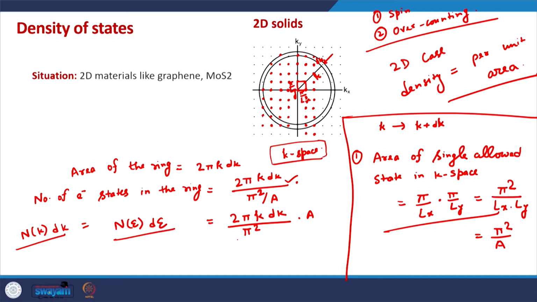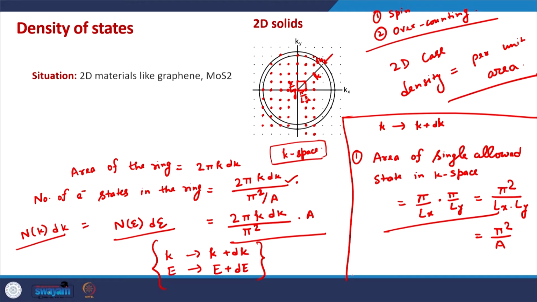So, these are the total number of electronic states for values of wave vector from k to k plus dk, or for the energy range of E to E plus dE. So, for these two, this is the total number of electronic states in this energy range.